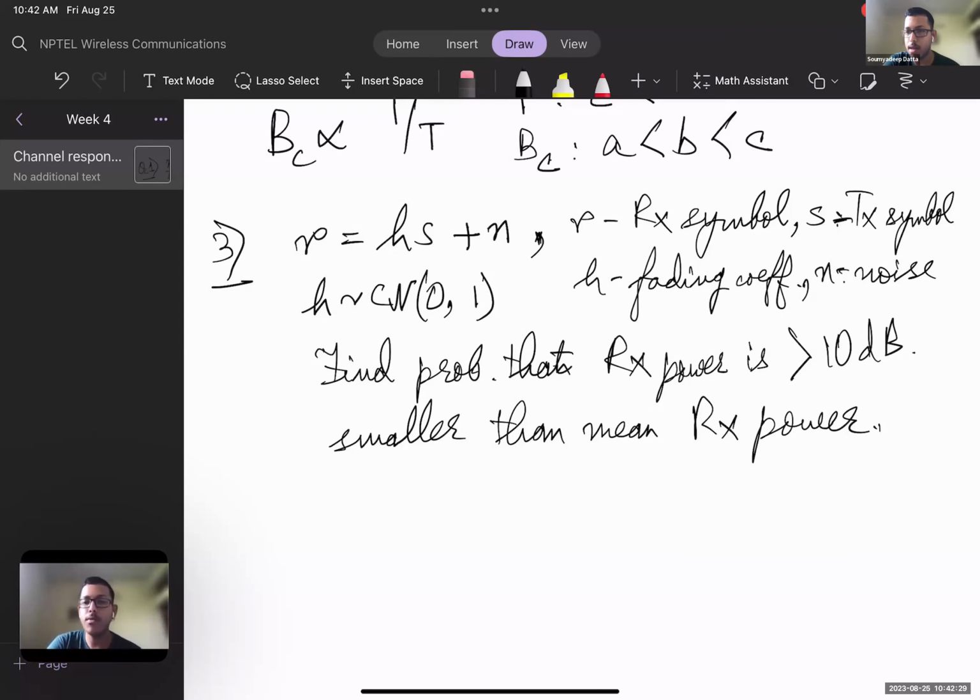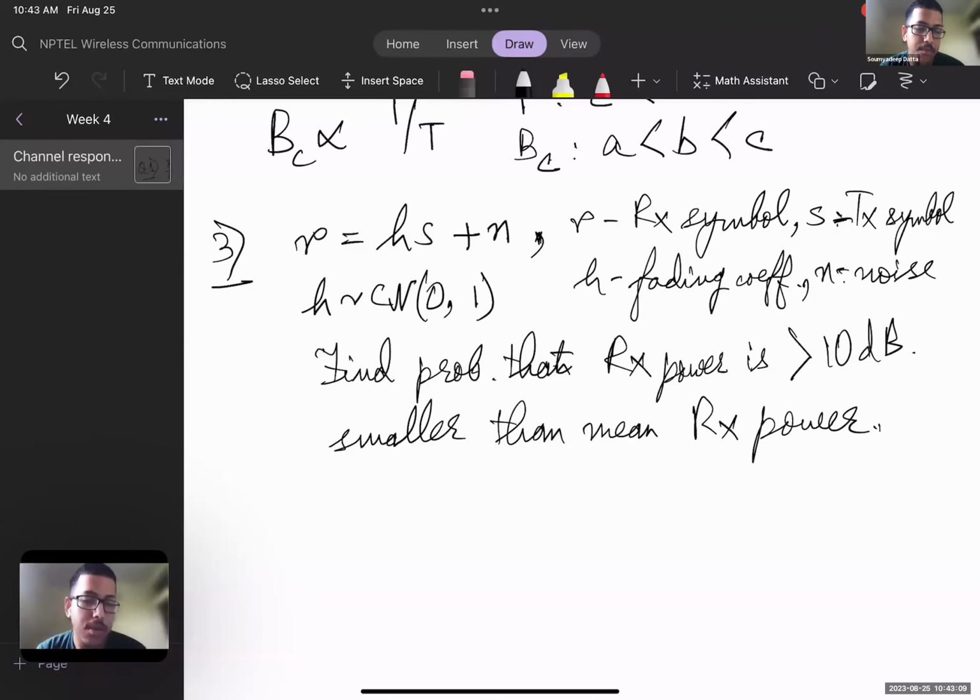But to some degree, you know a statistical distribution of the channel. We know the mean statistics of the receive power, and we are trying to see the probability that we'll get receive power that is 10 dB inferior to the mean, something 10 dB poorer. That is a bad or unwanted scenario which we don't want. So we are trying to see what is the probability that that situation will happen.